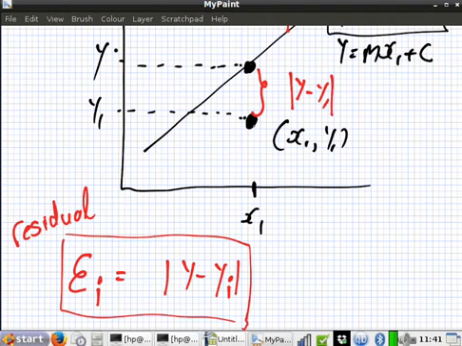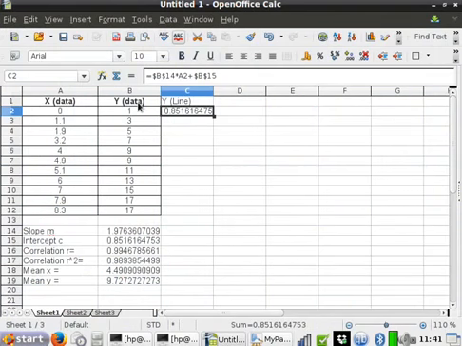So the 0.85 is like this point, and if you look here, what number did we get for y? We got 1. What should it have been? 0.85. So is this point above or below the line? Above.